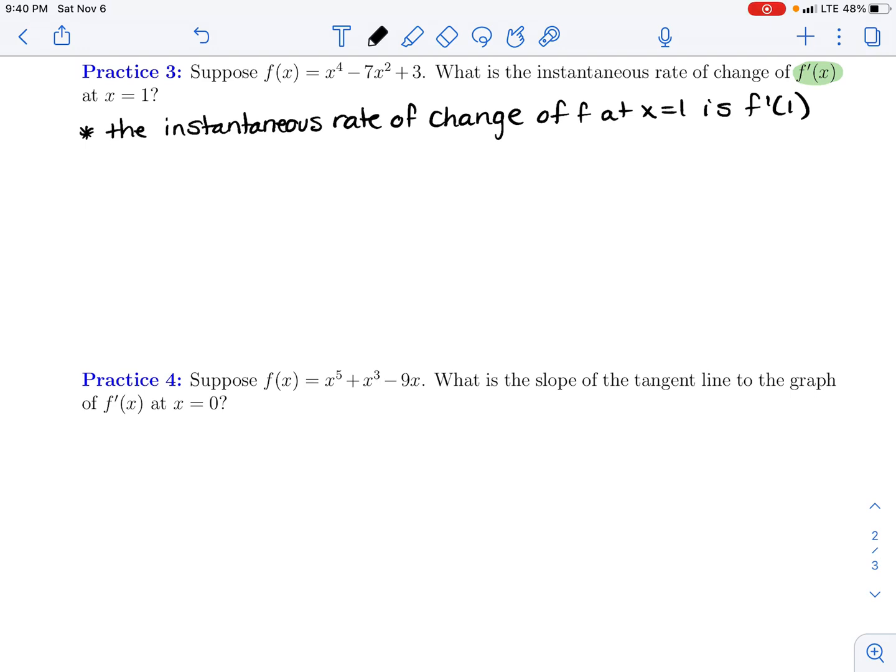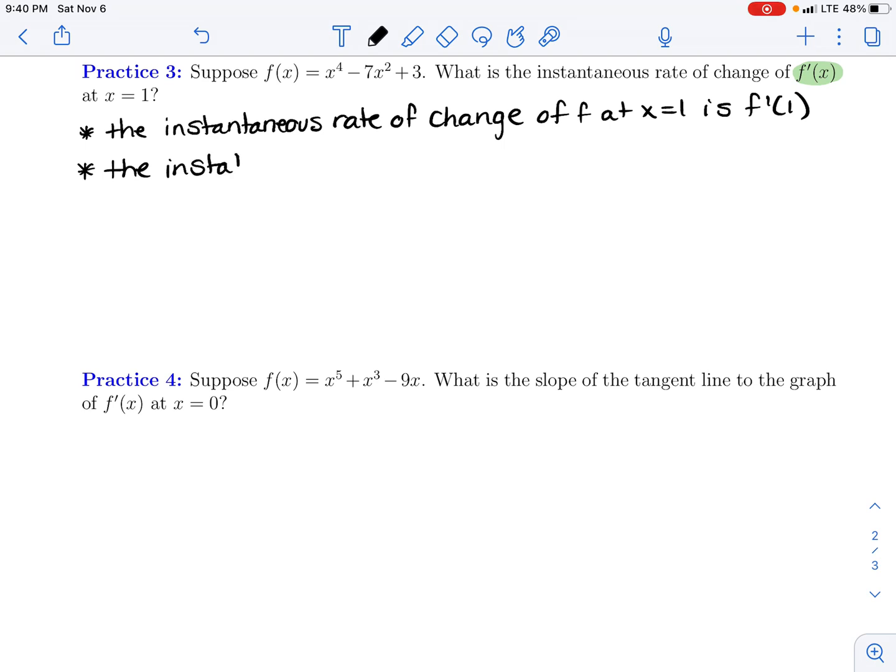So here, when it says what's the instantaneous rate of change of f prime at x equals 1, that means that the instantaneous rate of change of f prime at x equals 1 is the derivative of f prime at x equals 1, which is the second derivative, f double prime.